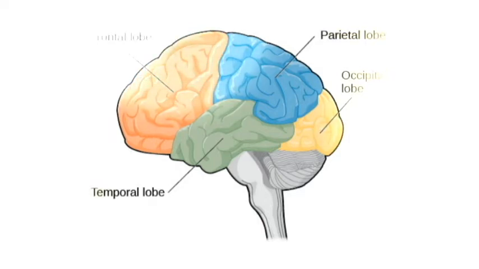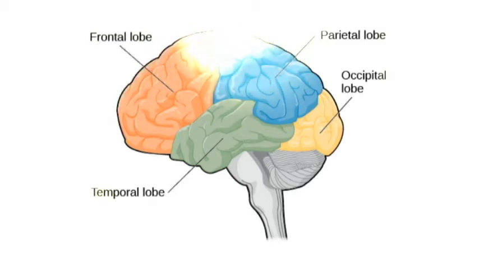The precentral gyrus, forming the posterior border of the frontal lobe, contains the primary motor cortex, which controls voluntary movements of specific body parts. The frontal lobe contains most of the dopamine-sensitive neurons of the cerebral cortex.